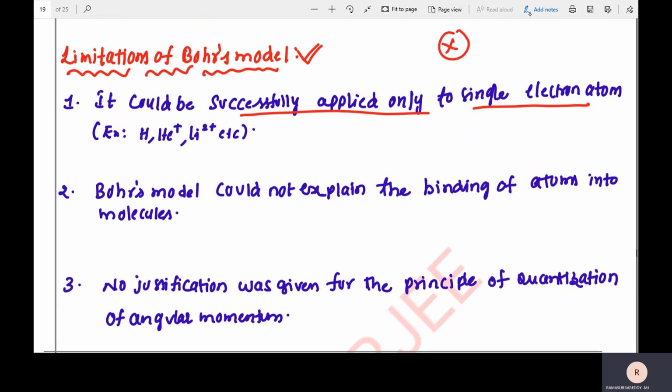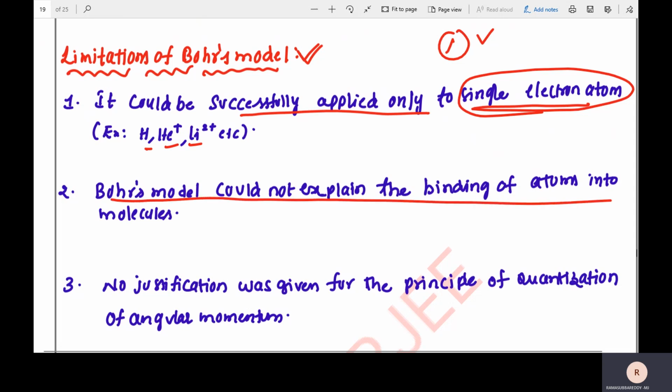That is one drawback. We have to remember, like He plus, Li 2 plus only are valid. Remaining are not valid. That is one drawback. And Bohr's model could not explain the binding energy of atoms in molecules.